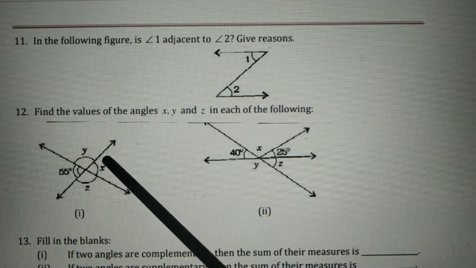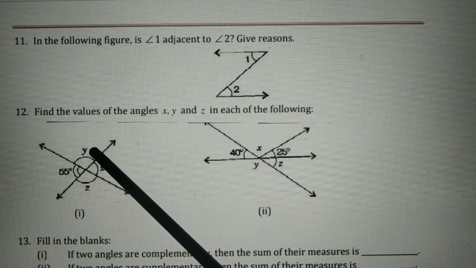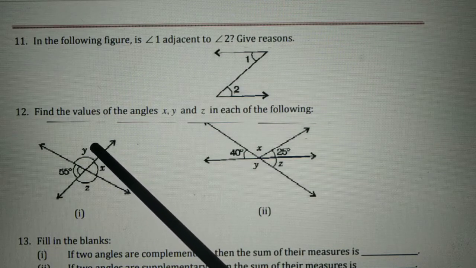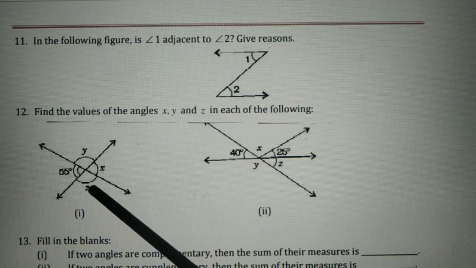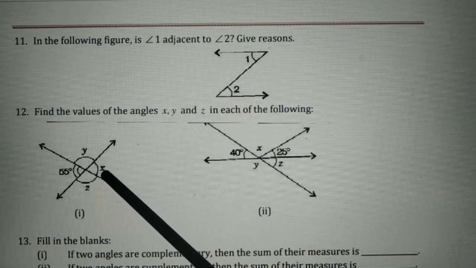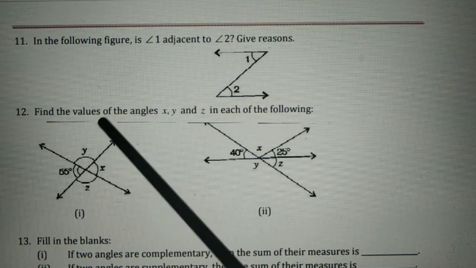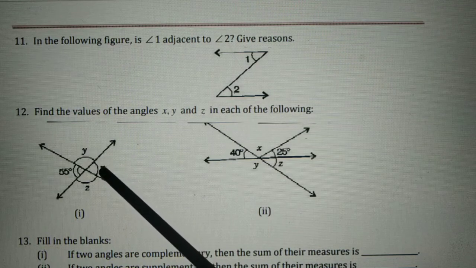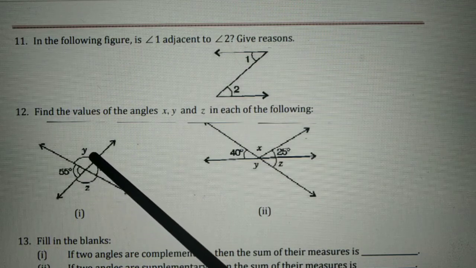So using the linear pair property, we can find out the value of Y, and Y and Z are vertically opposite again. So we are using three properties here. For X, vertically opposite. For Y, linear pair with X. For Z, vertically opposite with Y.